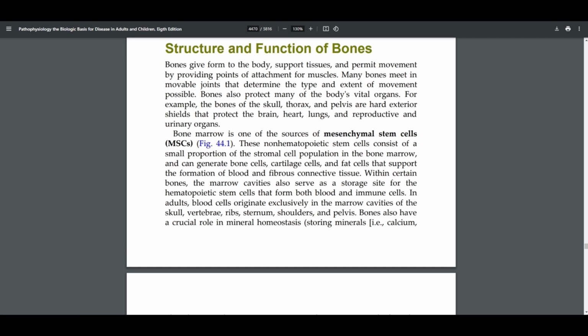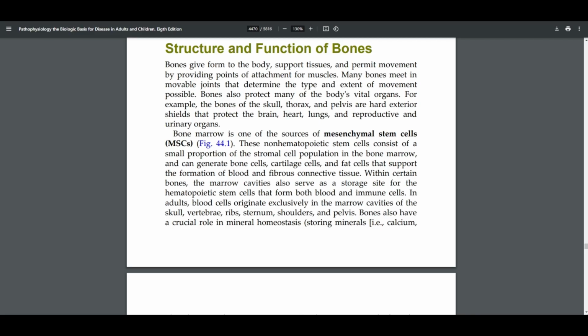Bone marrow is one of the sources of the mesenchymal stem cells. These non-hematopoietic stem cells consist of small proportions of the stromal cell population in the bone marrow and can generate bone cells, cartilage cells, and fat cells that support the formation of blood and fibrous connective tissue.